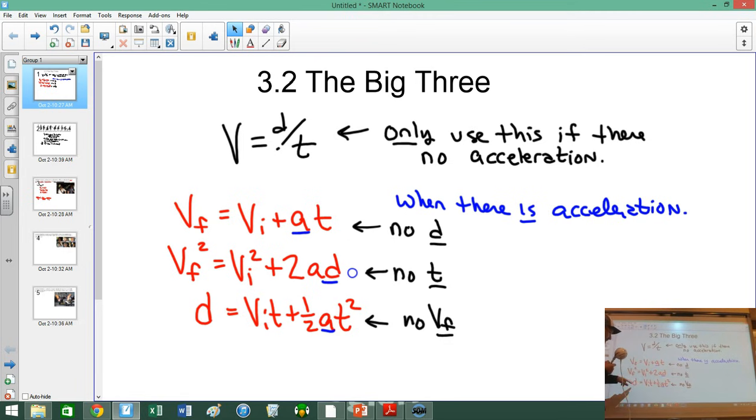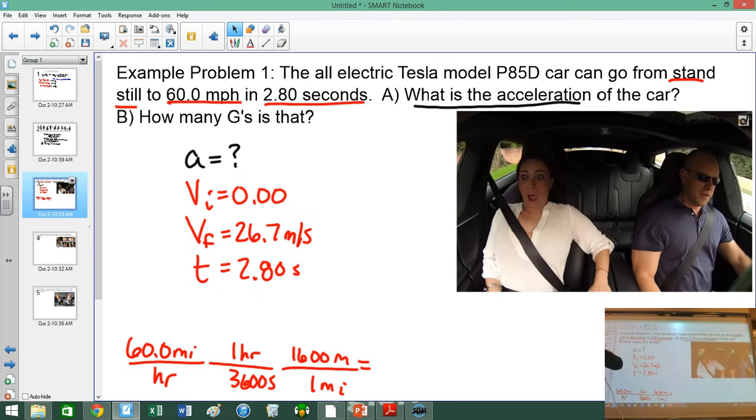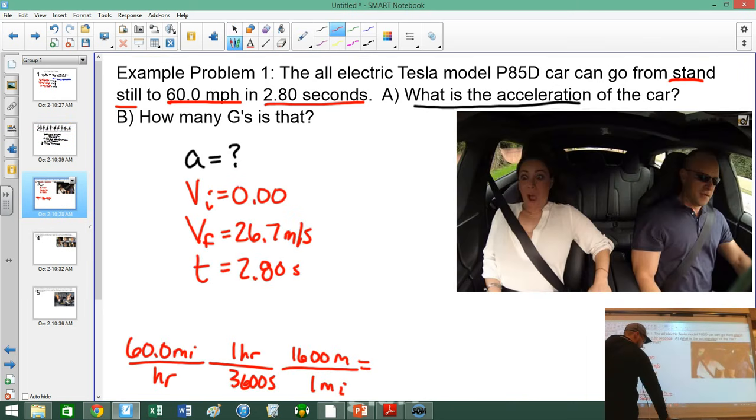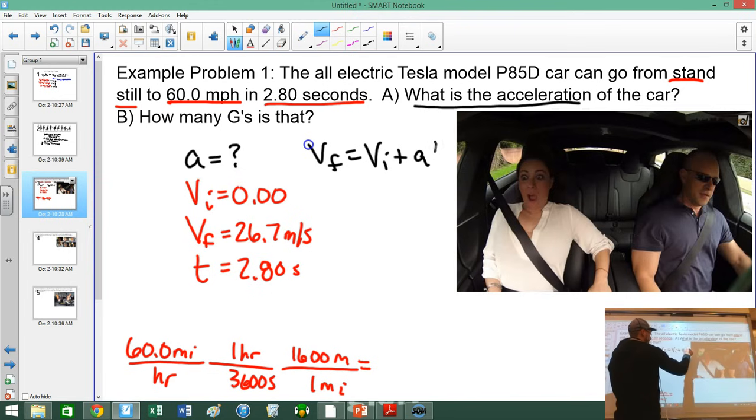Nor is there in the third one. I don't have displacement, so I'm not going to use the second or third one. So I'm going to select the first equation. That's step two. Figure out an equation that relates the goal to your given. So here's my equation. VF equals VI plus AT.